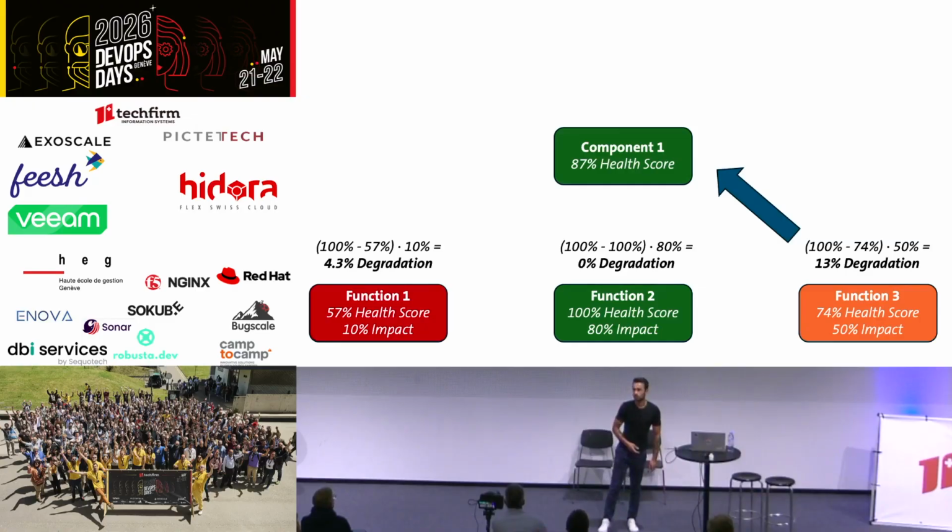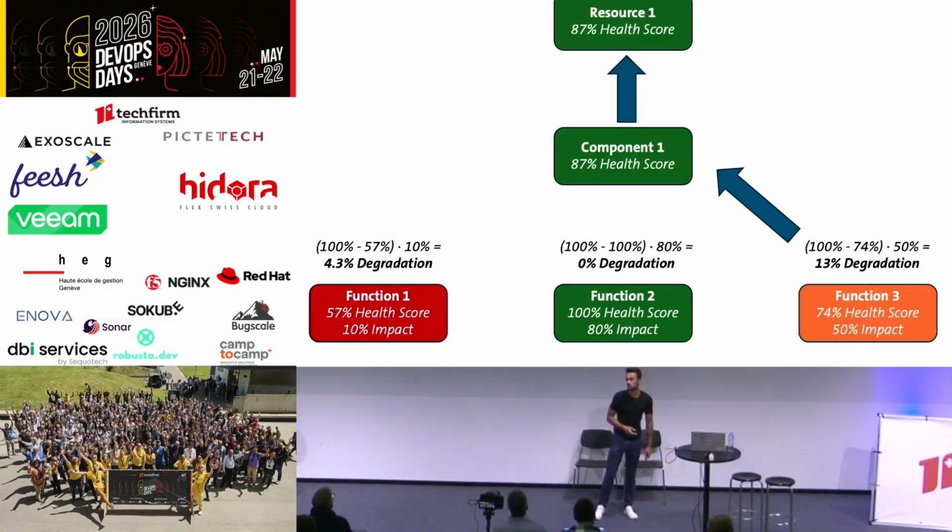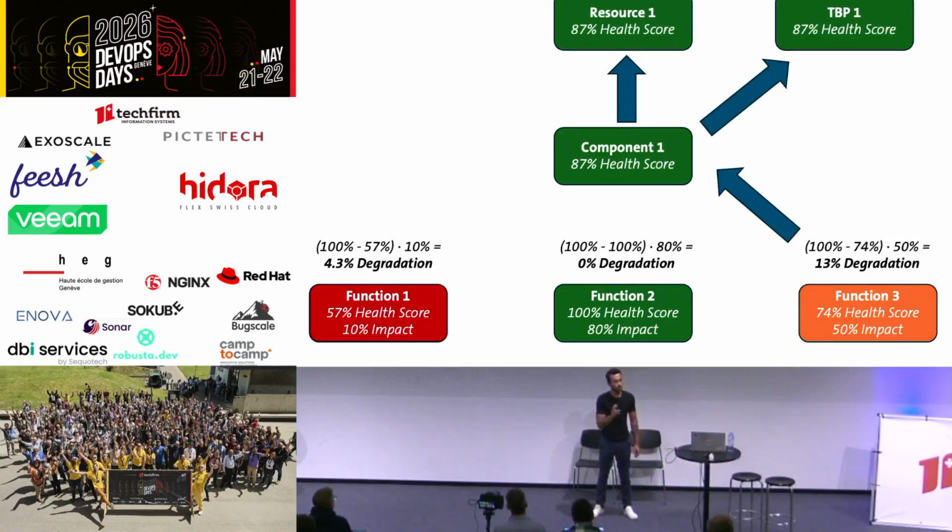And again, we have other rules to propagate this to the resource and to the top business process. So in the end, the resource and the top business process also have a health score. And this is all derived from bottom to top. This is key, because I've seen in other contexts the mistake of going top-down, which is also valuable if you have top-level indicators for the top business process or the resource at the top.